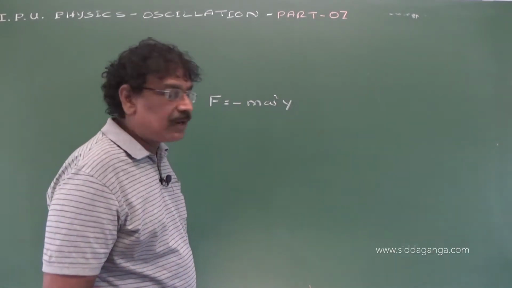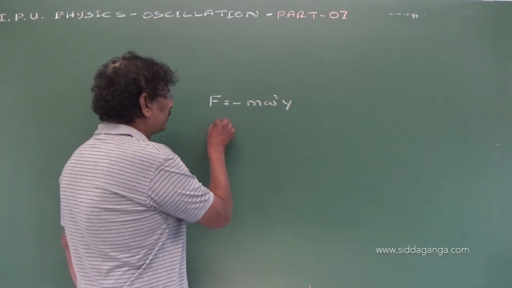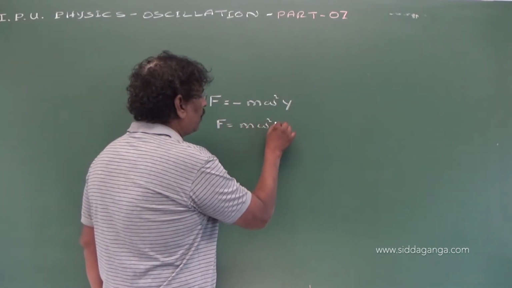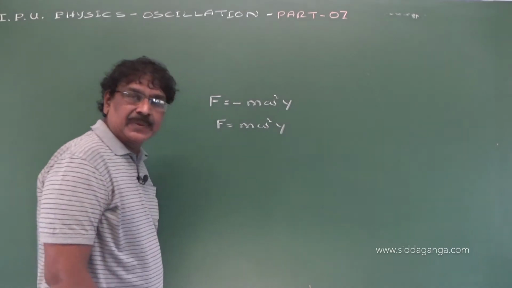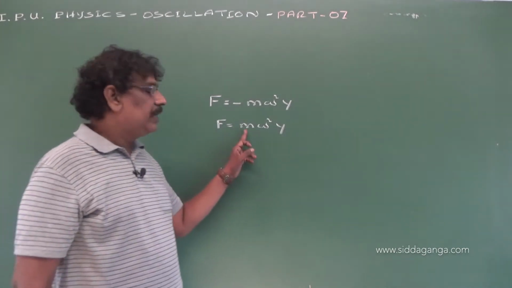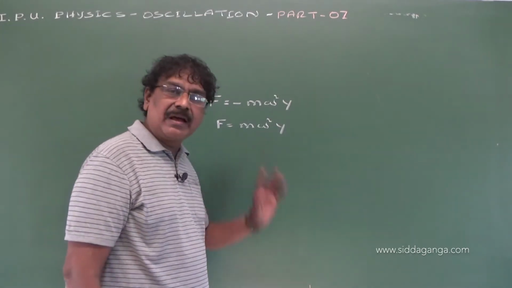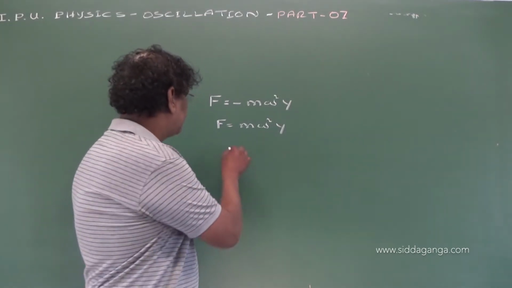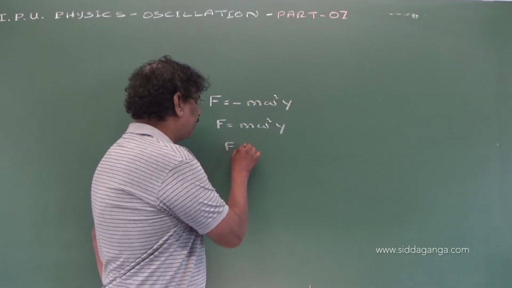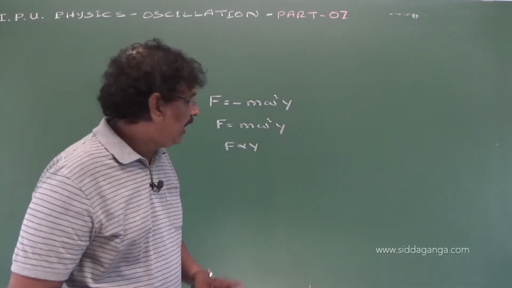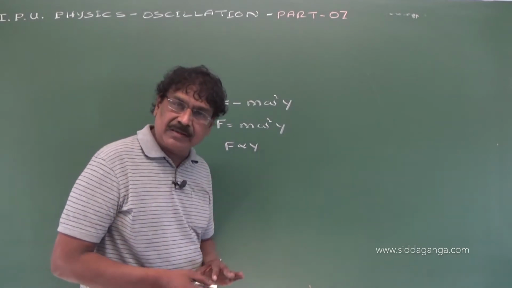But when we consider only the magnitude of the force, that force F is equal to m omega square into y. For a given body, m is constant. For a given simple harmonic motion, omega is constant. That means from this equation, the force is directly proportional to displacement. It is a very important concept.